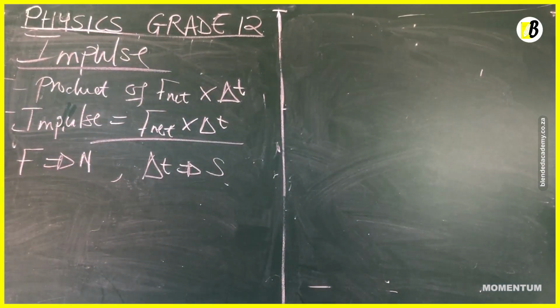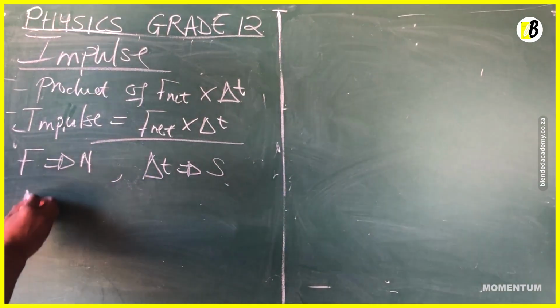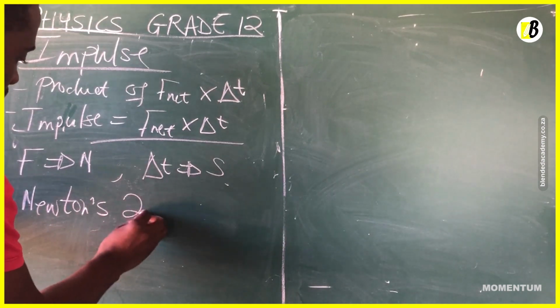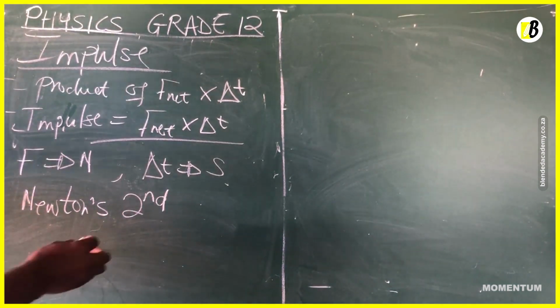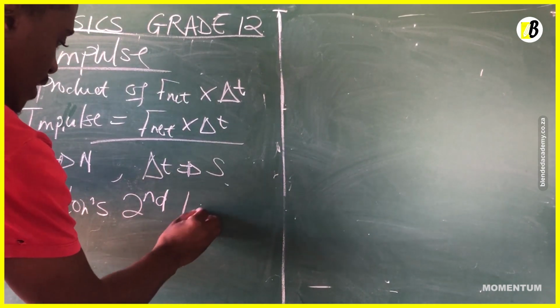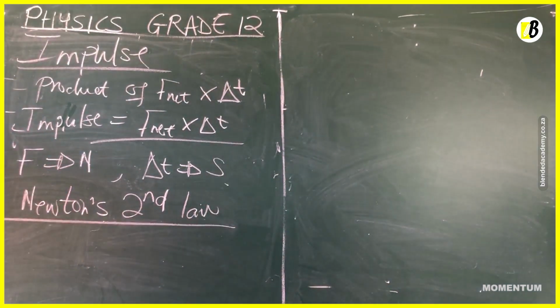And then let's move on now to Newton's second law, expressing Newton's second law in terms of momentum. So now we know that Newton's second law states that when a force is applied to an object, it will move in the direction of the force, and the acceleration is directly proportional to the force applied.